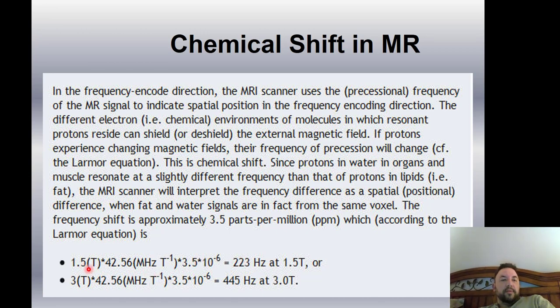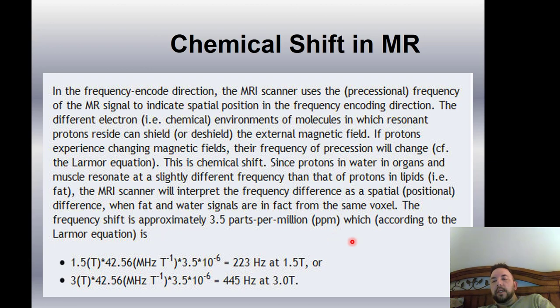It would be a 1.5 Tesla magnet, which is 42.56 megahertz per Tesla, times 3.5 times 10 to the power of negative 6, which is 223 hertz at 1.5 Tesla. Or 3T times 42.56, so that would be obviously our 127, times 3.5 times 10 to the power of negative 6, is 445 hertz, or 440 hertz is the estimate at 3 Tesla.